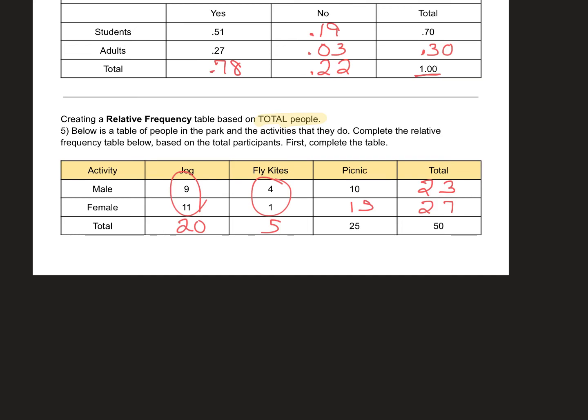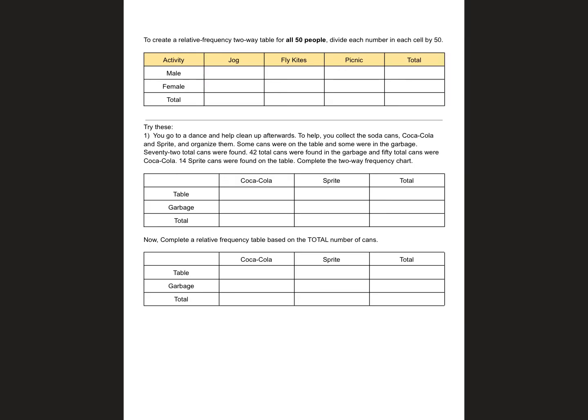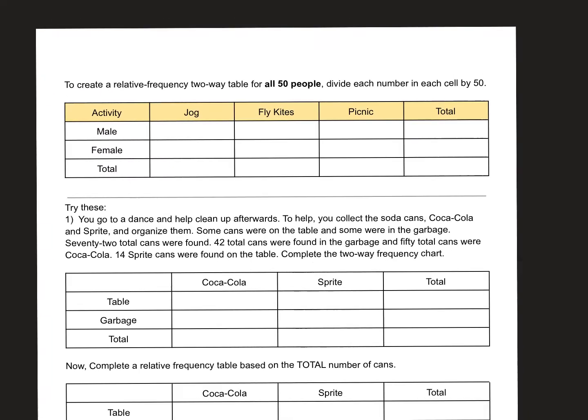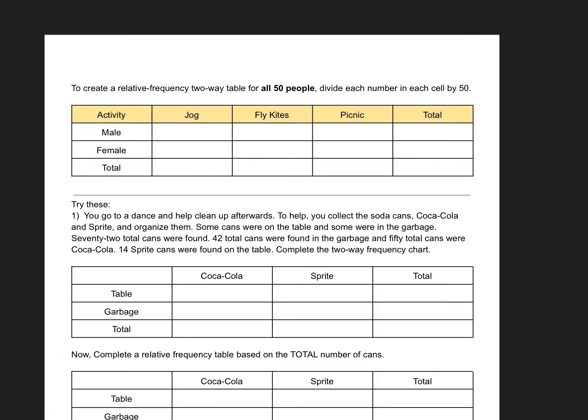Now when we go to the next page, we're talking about doing a relative frequency table. So we're going to create a relative frequency table for all 50 people. Divide each of the numbers by 50. Well, the first thing I know is if I divide by 50, 50 divided by 50 is definitely going to give me 1.